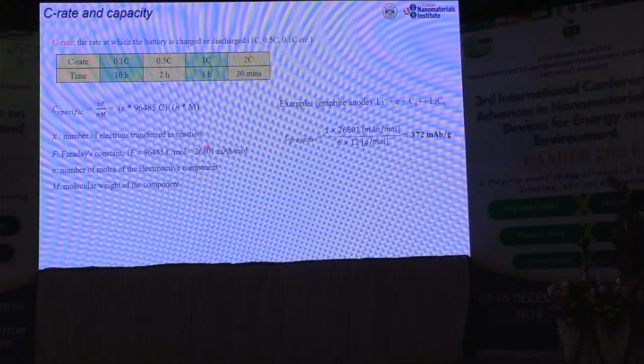So if I'm making LiC6, I should expect about 370 milliamp hour per gram based on that chemical reaction. And if I do the same thing for potassium, it is about 272 milliamp hour per gram. So these kinds of calculations can be done.